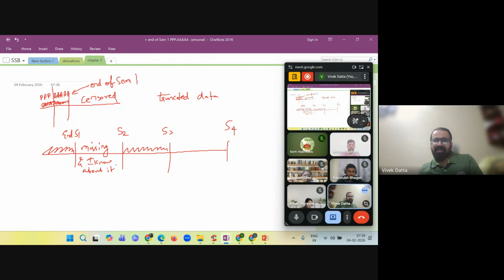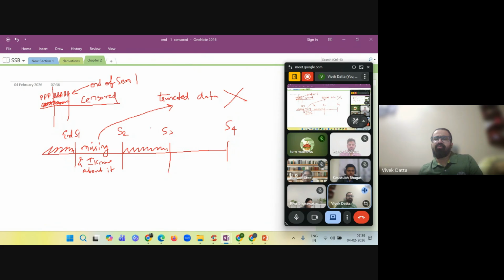This is called truncated data, and this has no use in my study. Because if this type of pattern exists, first of all, it shouldn't exist in my experiment. And if I see it, this is not censoring, this is truncated data. We don't include truncated data in our experiments or in our calculations here.